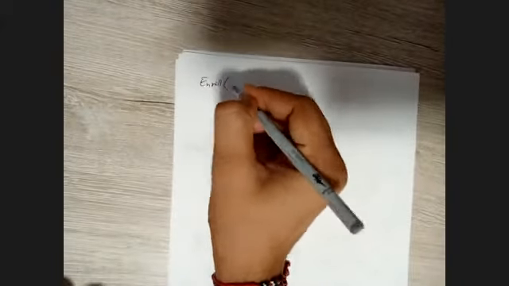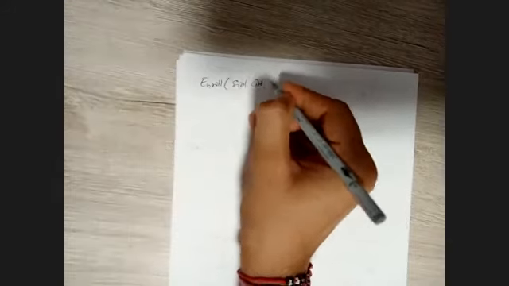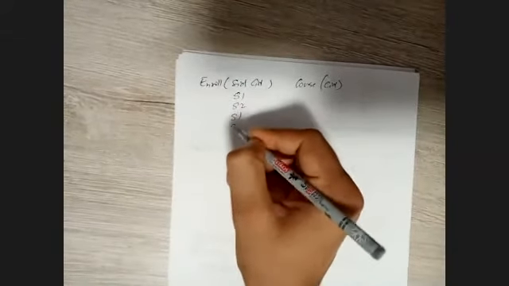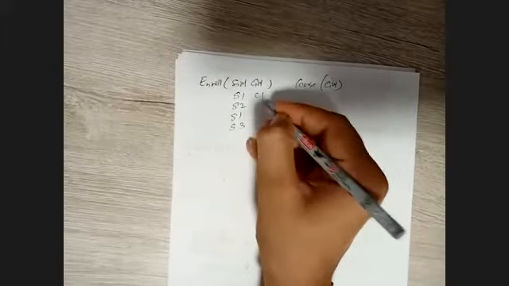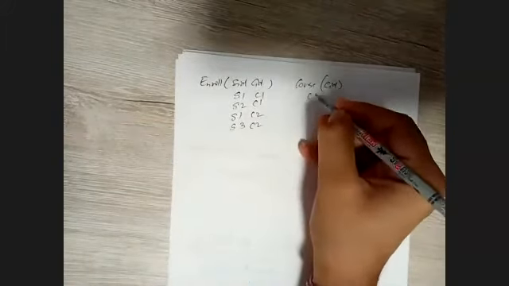Let's take an enroll table. Enroll has SID and CID probably, and take the course table, that is CID. I'm just taking some values: S1, S2, S1, S3 with C1, C1, C2, C2, and courses are C1 and C2 only, right?